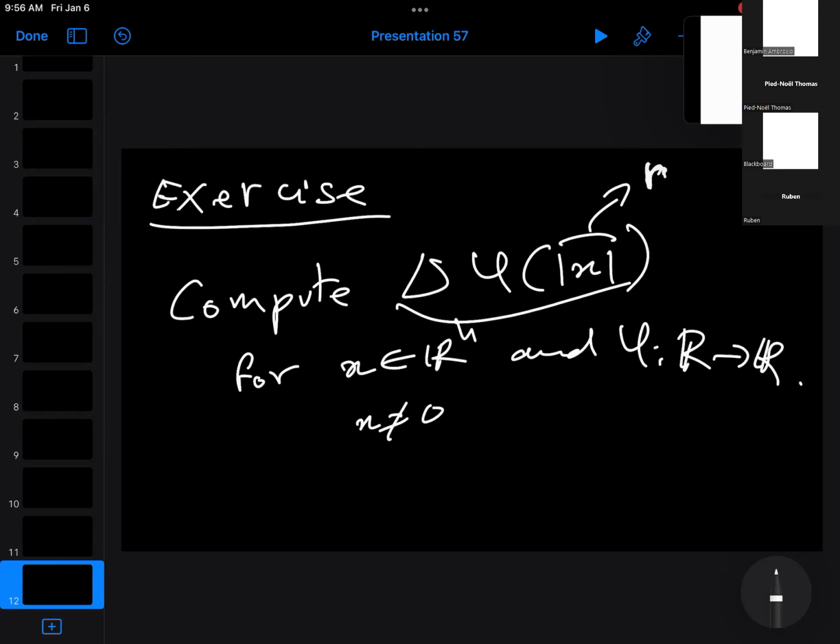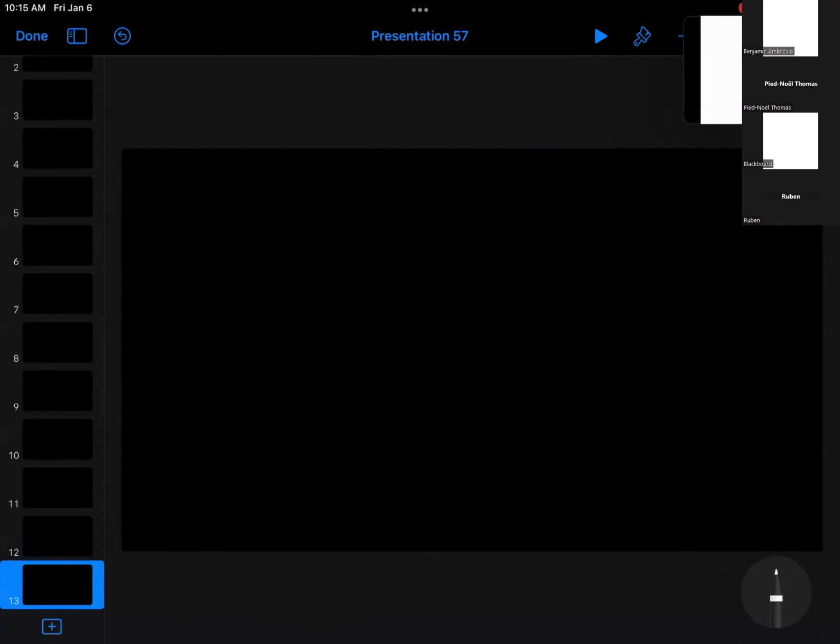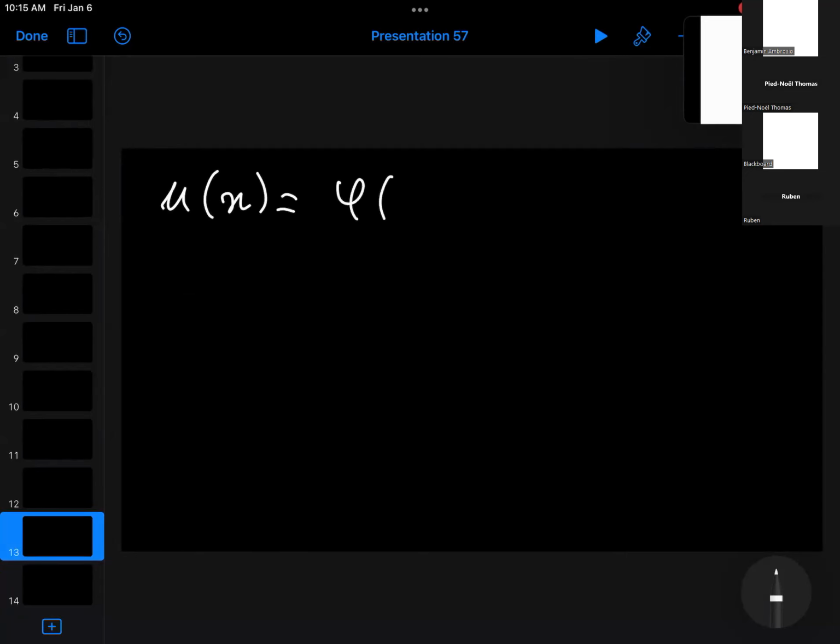All right, so let's do this computation. Now we write u of x equals phi of the norm of x. Let's compute the derivative of order 1 with respect to xi.